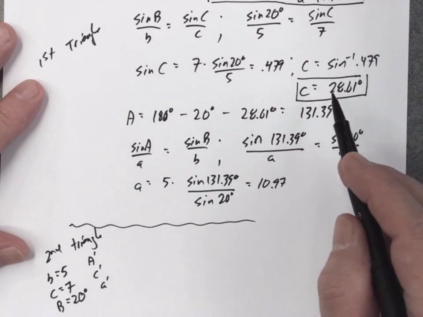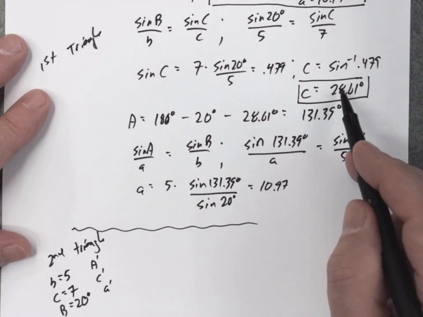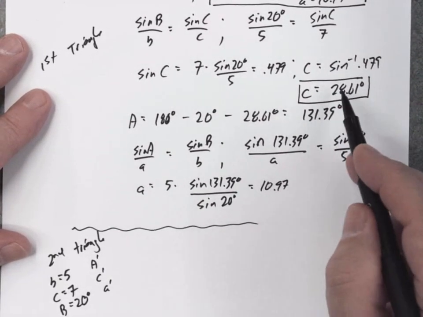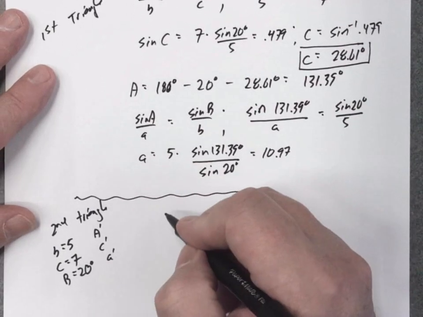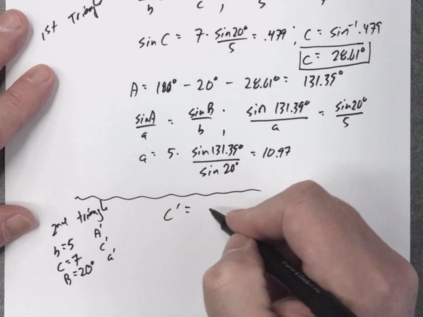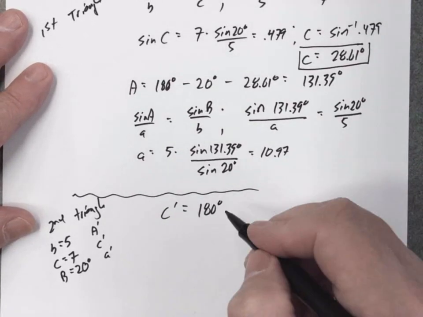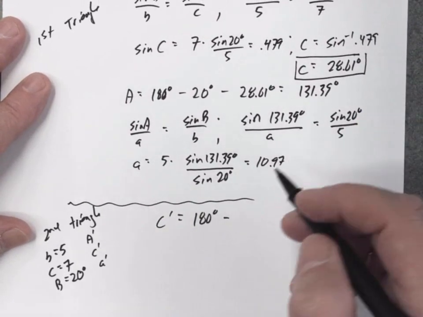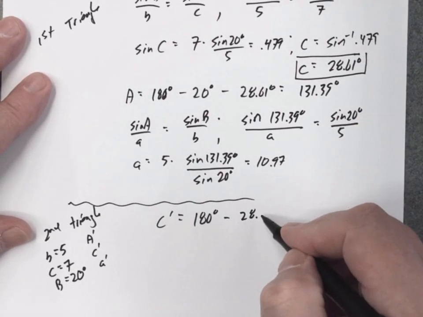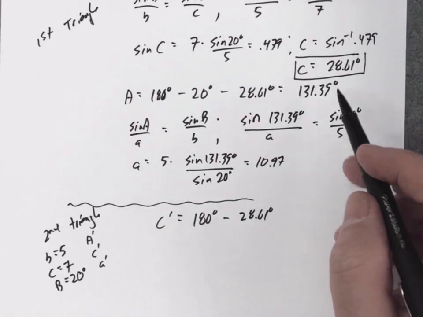So back to this. First thing I'm going to do is I'm looking at my second triangle. First thing I calculated when I started this problem was angle C of my first triangle. This calculation will give me angle C of my second triangle. You simply take 180 degrees and you subtract the first triangle's angle C, right?